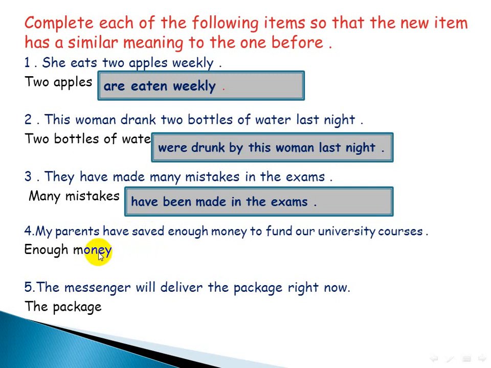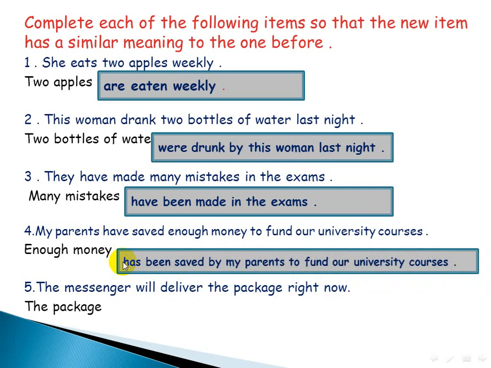I mean, we have money, and money is uncountable noun, right? So uncountable nouns are dealt like singular nouns. So I can't say have. We switch have to be has, because money is uncountable. So has been saved by my parents to fund our university courses.